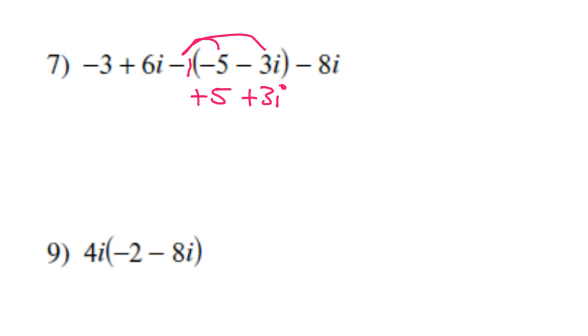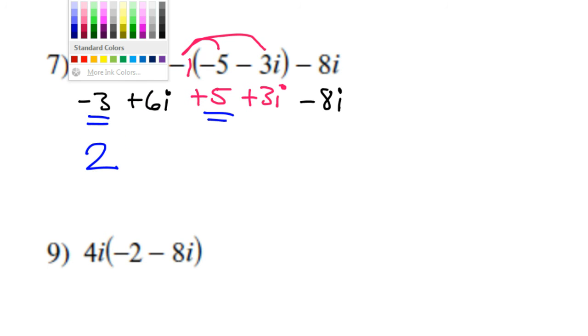Everything else is going to come down the same. So I'm going to have negative 3 plus 6i and minus 8i. Okay, this red part is the only part that changed. Now we can combine like terms. So we've got the negative 3 and the 5 will go together. That's positive 2.